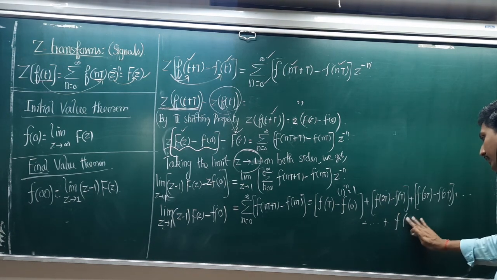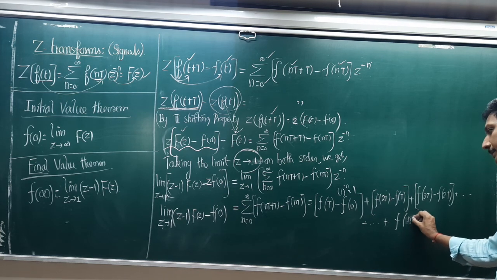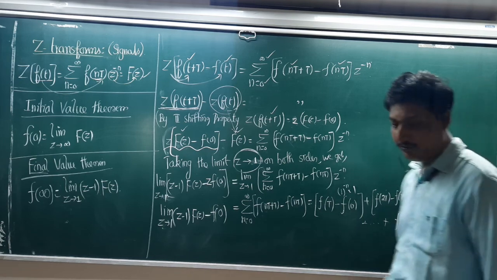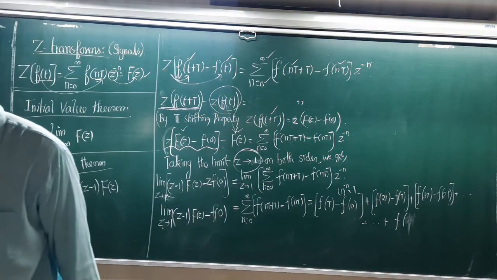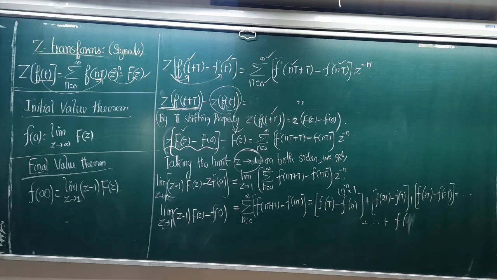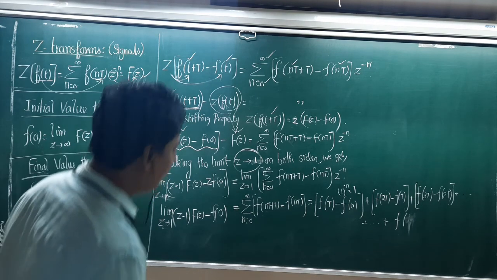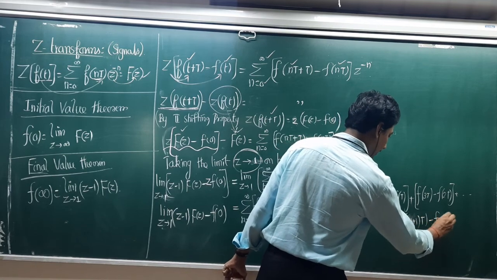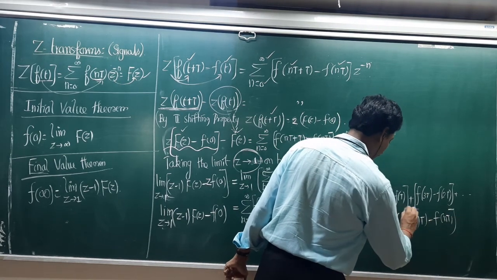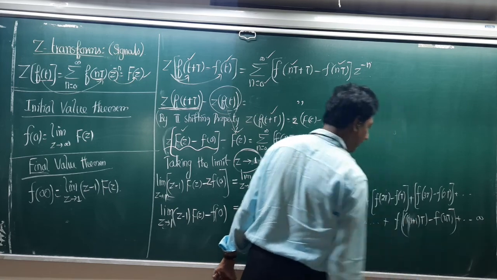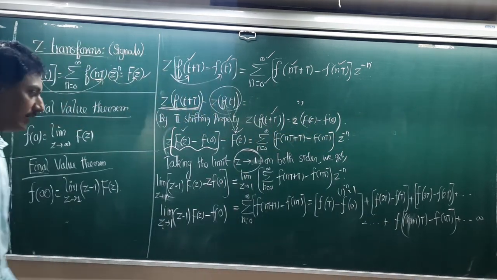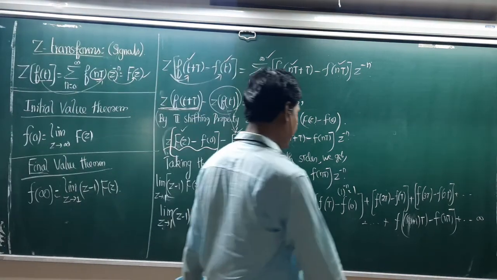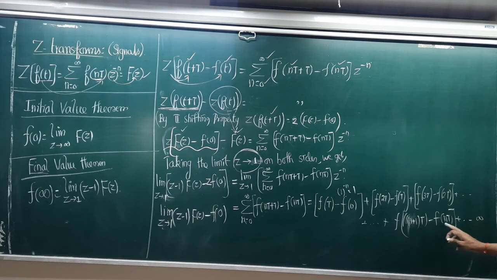That is f of (n plus 1)t minus f of nt. As n tends to infinity, f of (n plus 1)t minus f of nt is the general term, so it is going on like that up to infinity. As n tends to infinity, what happens? Everything becomes infinity.